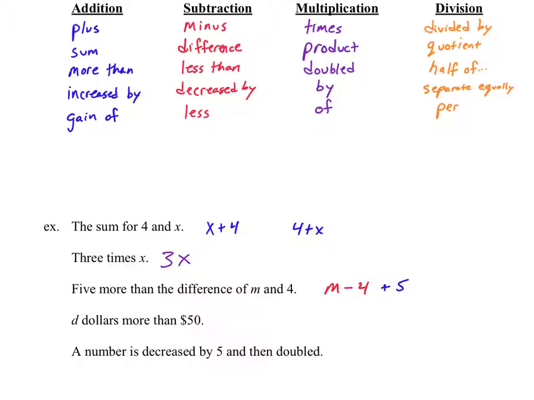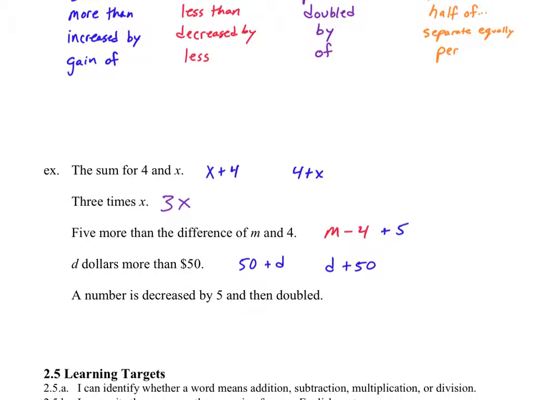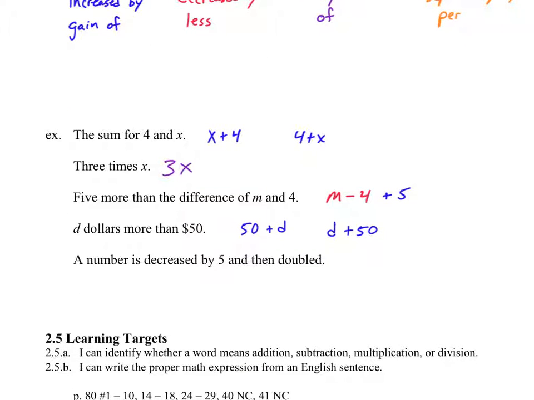D dollars more than 50. Okay, well, that would be 50 plus D, because it's D more than that. The proper way to write it, I suppose, is D plus 50, but I wouldn't panic too much about that. Like I said in that first example, if you have a variable plus a number, you try to do the variable first.